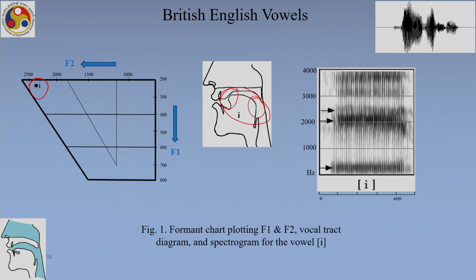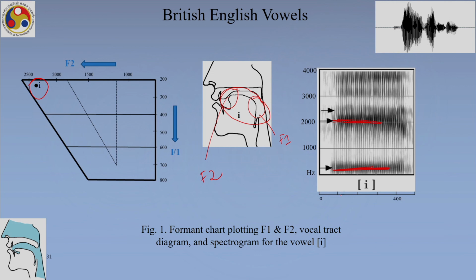These two resonating chambers, one for F1 and one for F2. As we already studied, the pharyngeal cavity is responsible for F1 and the front cavity is responsible for F2. So, this particular combination of the pharyngeal cavity and the front cavity results in these F1 and F2 values.